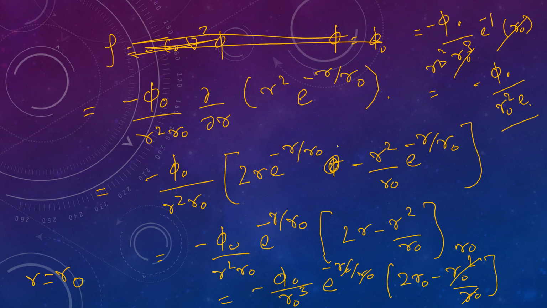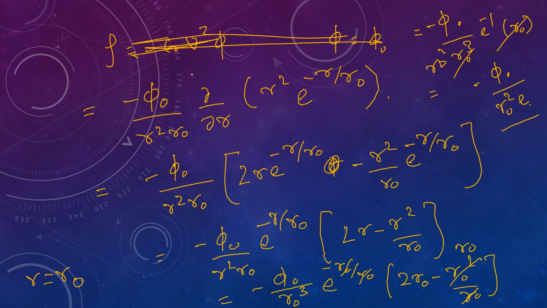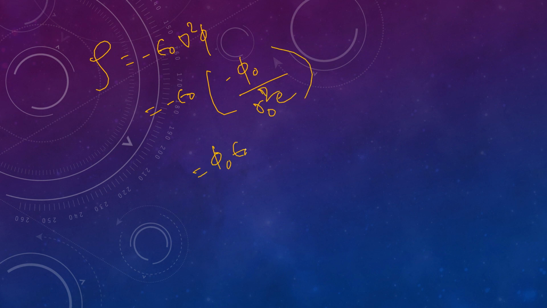Okay, and if you remember, rho is actually minus epsilon naught del square phi. So minus epsilon naught into minus phi naught by r naught square e. So phi naught epsilon naught by r naught square e. That is rho.